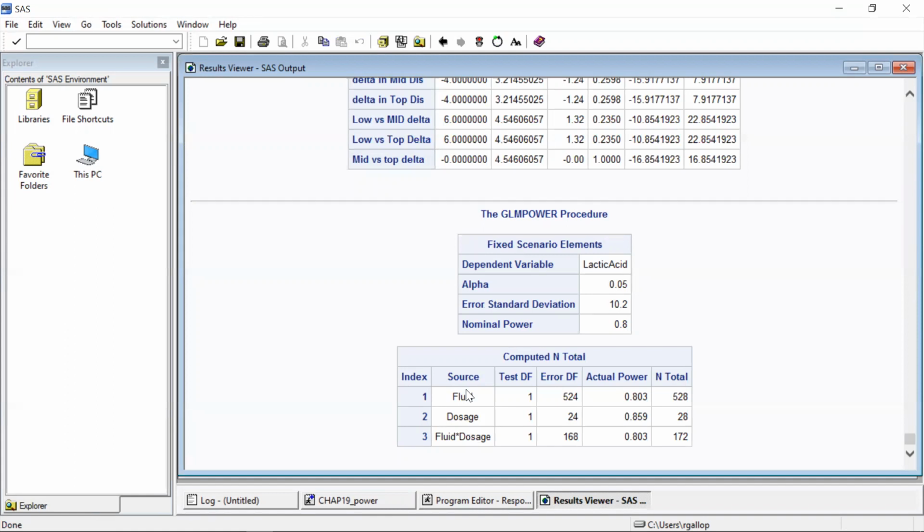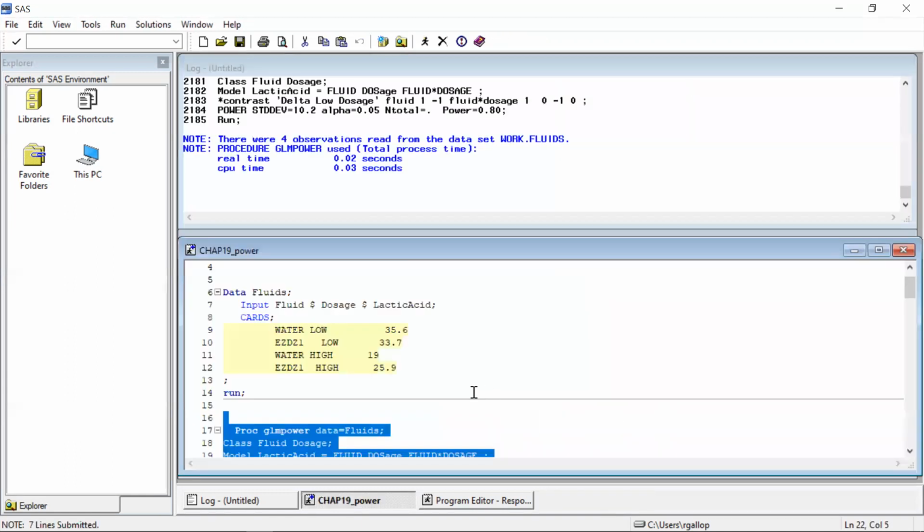So we need 172 to have 80% power to detect a significant two-way interaction. We need 28 to detect a significant dosage main effect, and 528 total to detect a significant fluid main effect.